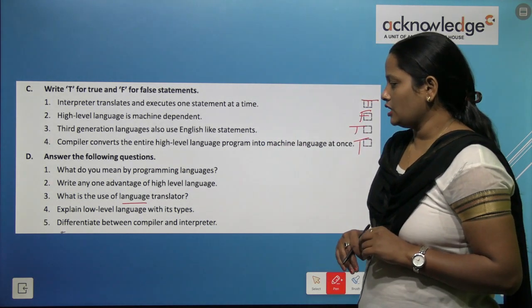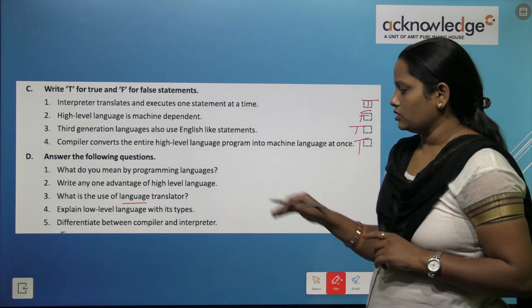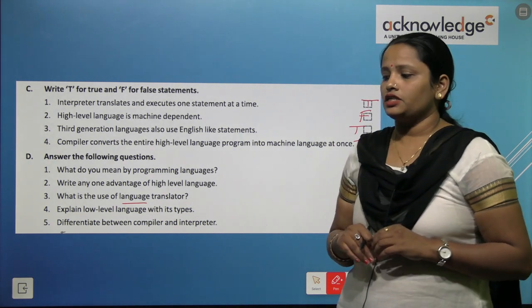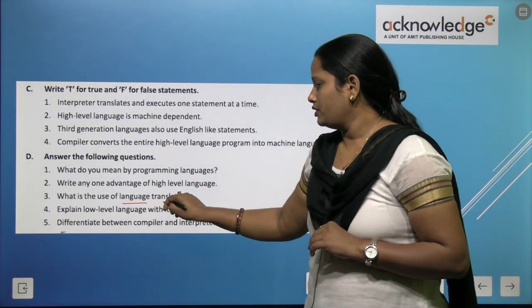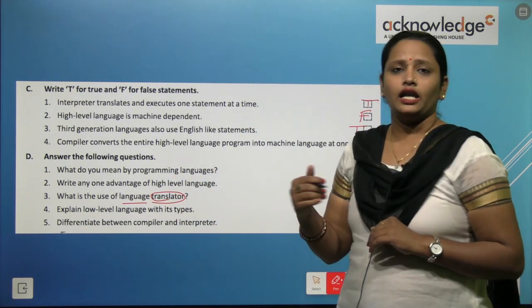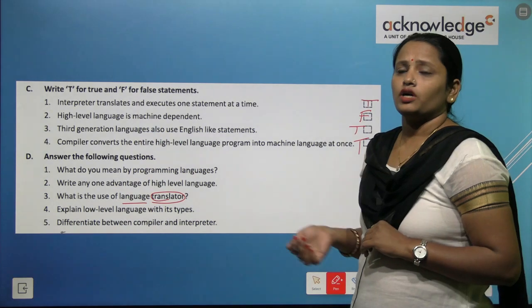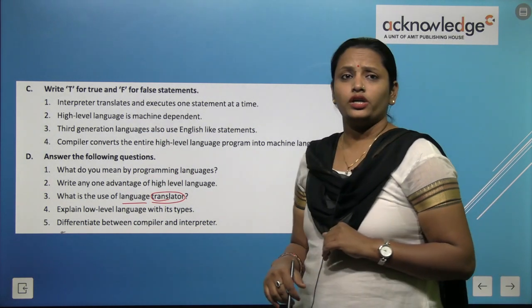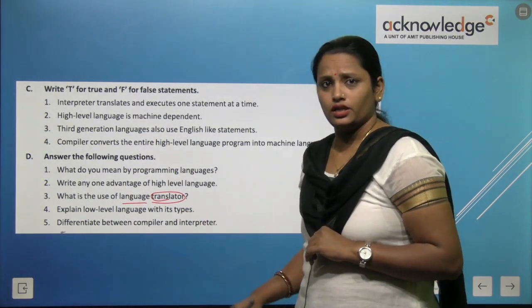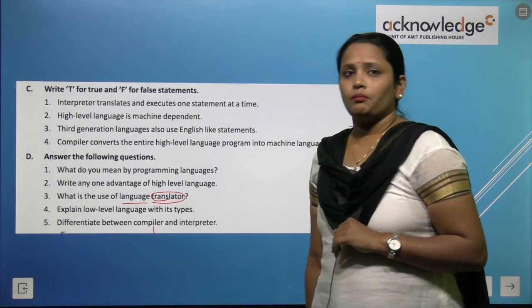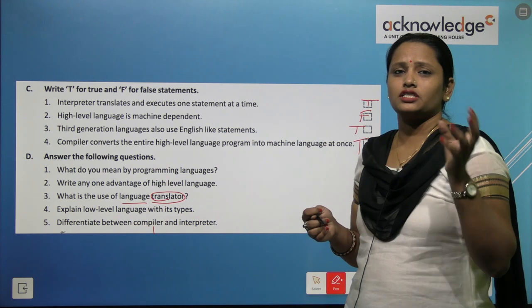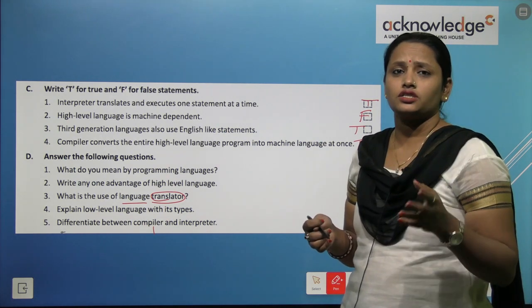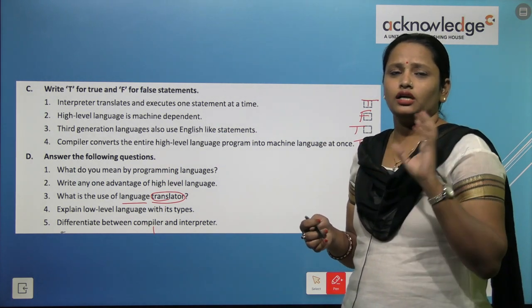Next is, differentiate between compiler and interpreter. So compiler and interpreter do the same work of translating the high level language to the machine language, but the only difference between the two is that a compiler works and displays the error at the last, after completing all the procedure.